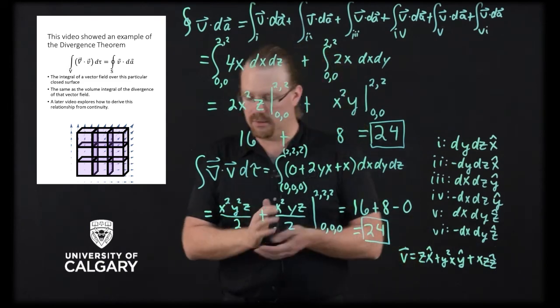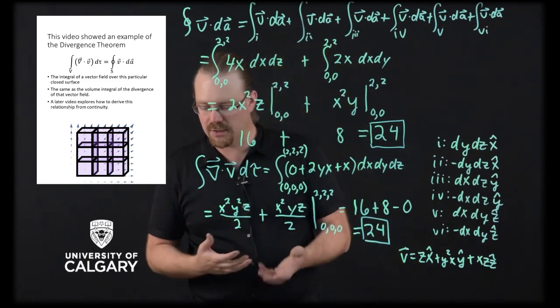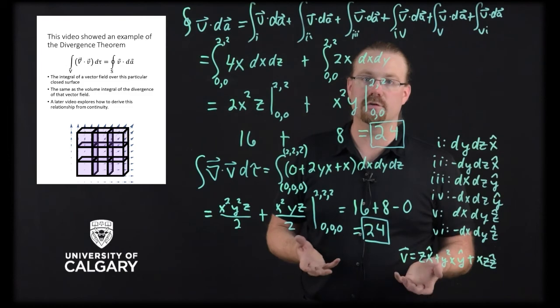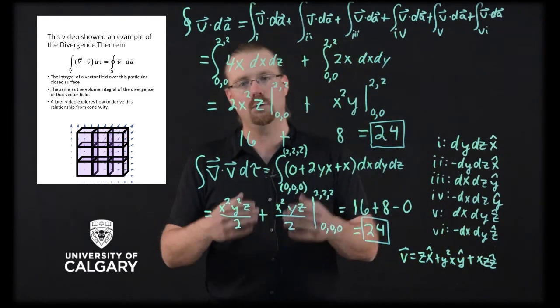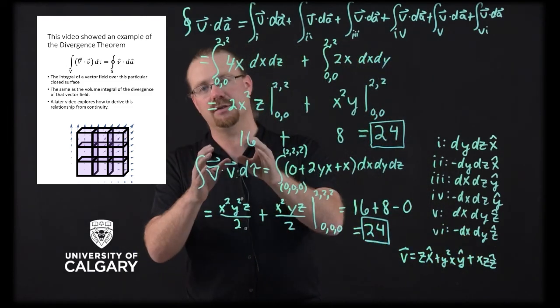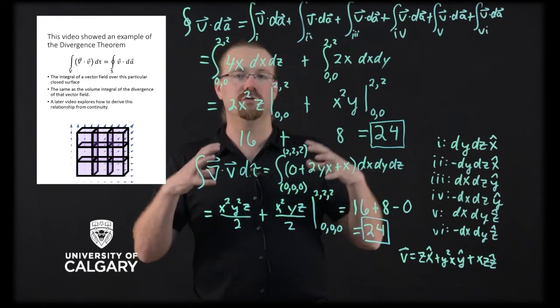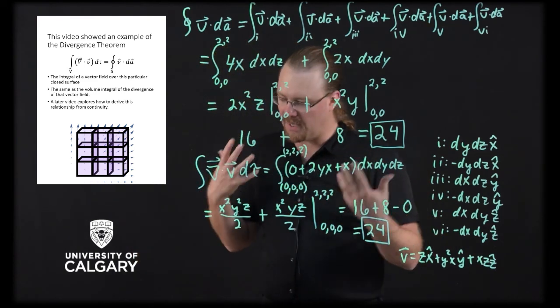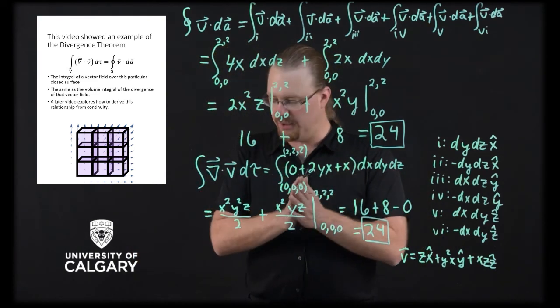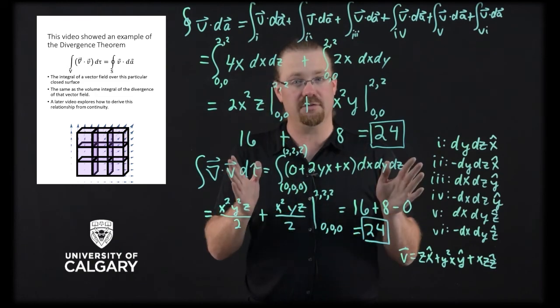This further went on to say the integral of a vector field over a particular closed surface is going to wind up being equal to the integral of that same vector field's divergence over the volume that is enclosed by that surface. A later video will explore how we can derive this relationship.